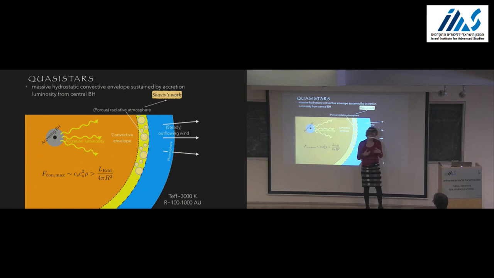The consensus is that if this amount of gas reaches the center without fragmentation, what's born is a massive star, with hydrogen burning in it. It's very short-lived because it's massive, about 1 million years. Then the core collapses into a black hole, and the rest of the envelope falls onto it.